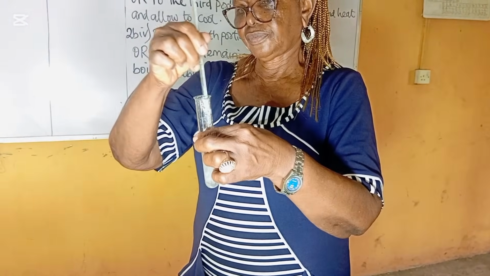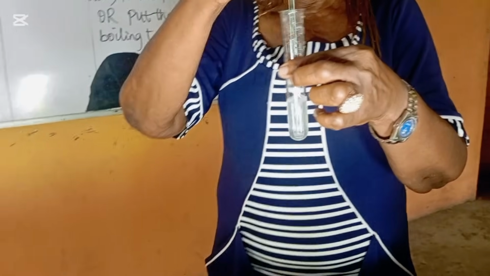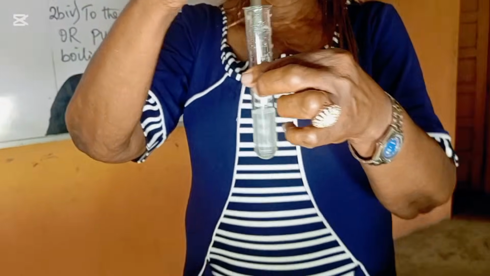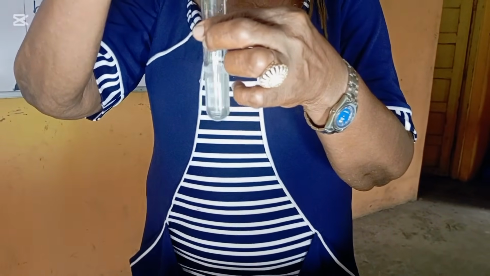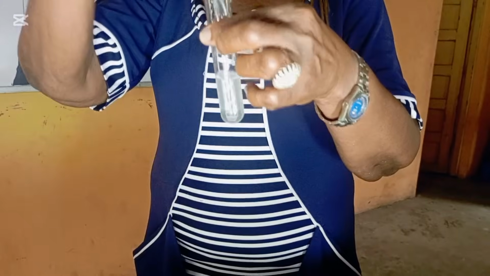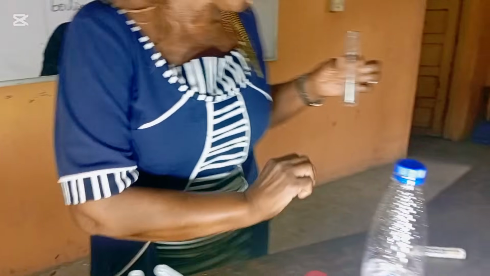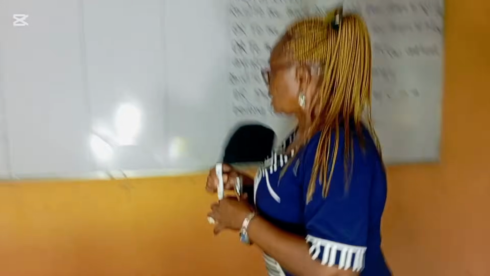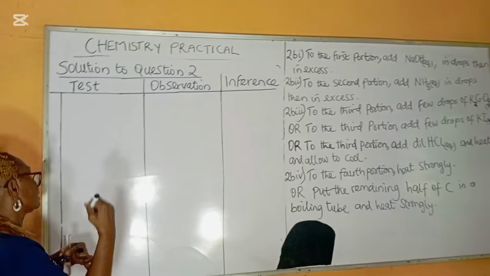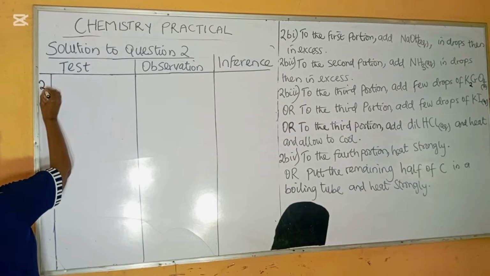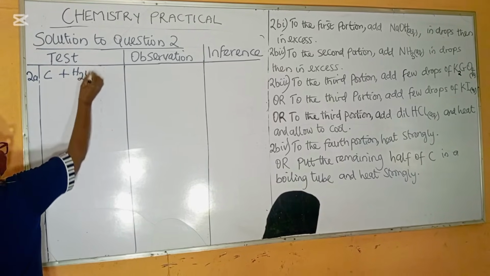It has to dissolve. So now that you have seen what has happened, sample C dissolved to give a colorless solution, which means that sample C is a soluble salt. So you have to report exactly what you have done according to the number. They might change the number, but still follow the numbers. So this is 2A: C plus water.